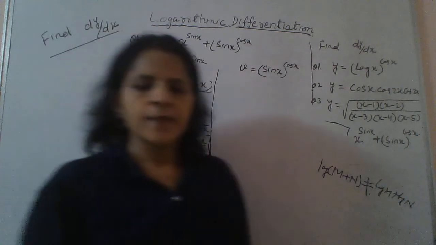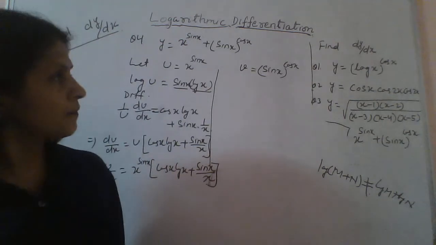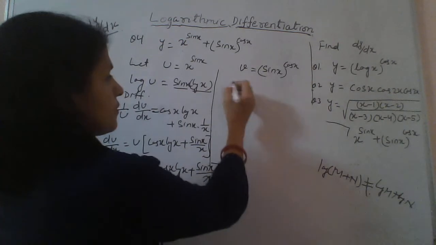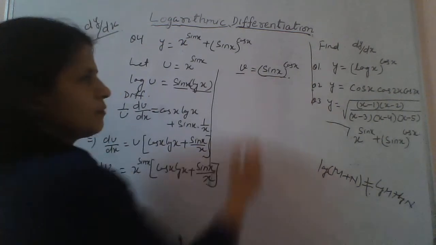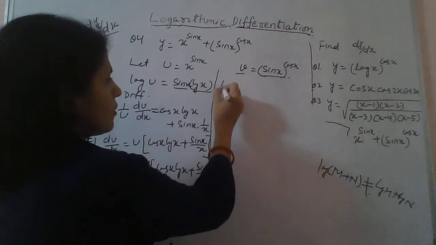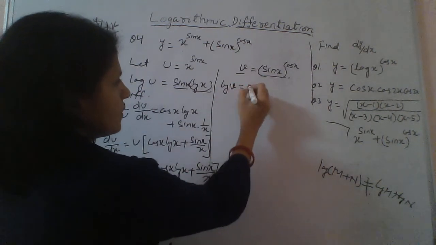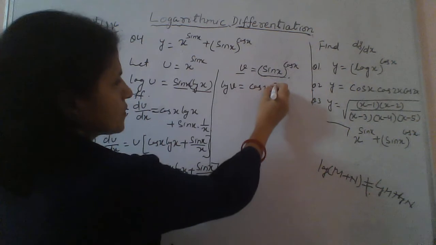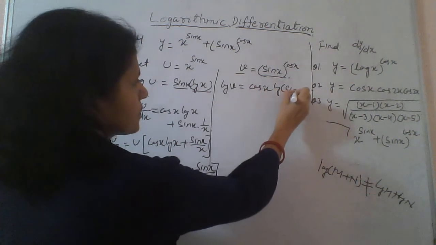Okay, is it clear? Now the next one is the second term, taking the logarithm of both sides, log v equal to cos x into log sin x.